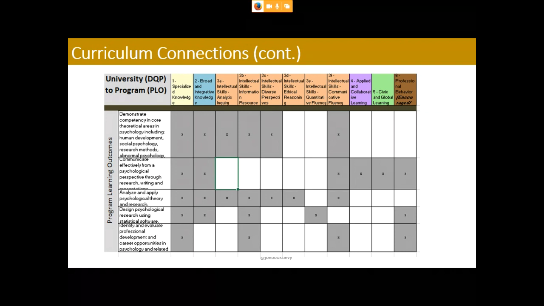Not to pick on math, but if a math faculty member has an assignment where a student has to use a certain theorem and write their answer, written communication is present. When I get that paper back, students are demonstrating written communication. Great, you passed the first part of the test. Second part of the test, did you intentionally try to promote learning of written communication?